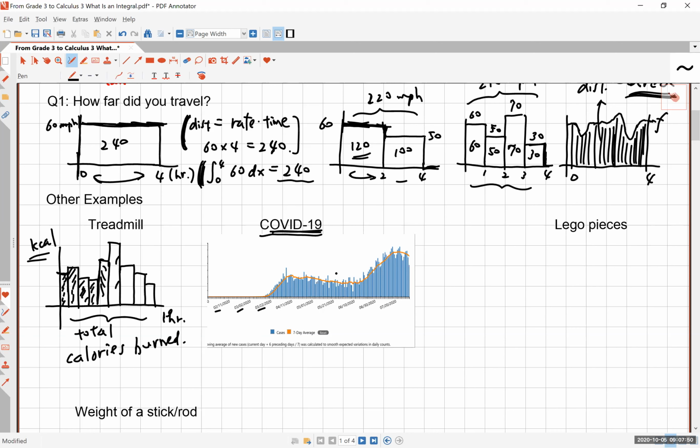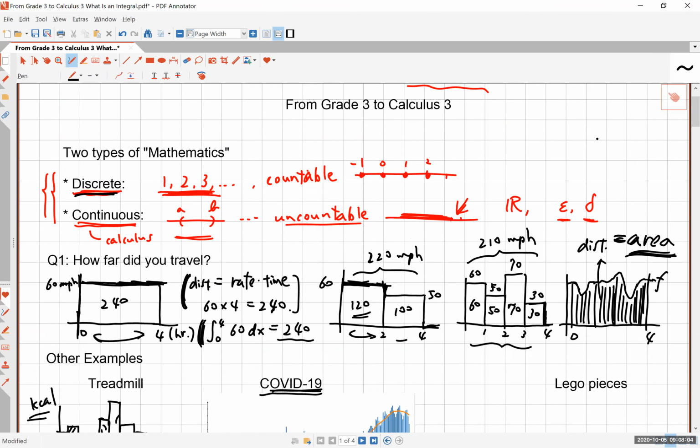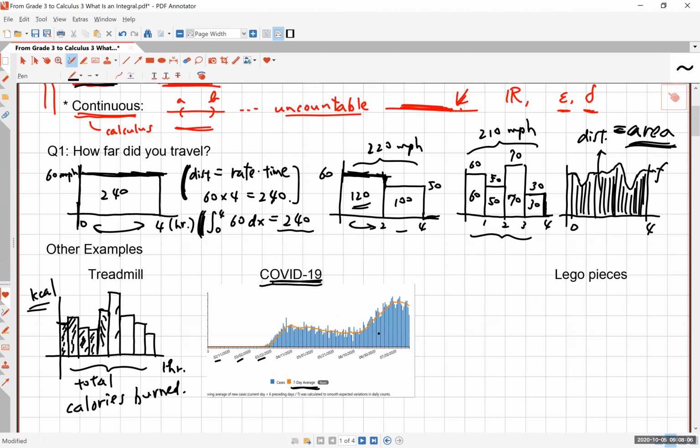Now, the orange graph is the continuous function, which sort of represents a 7-day average. Again, this is definitely not continuous because they are taking a 7-day average every single day, and every single day is discrete. But it is easy to connect the dots, especially with averages, because that's sort of linear. So you can see the continuous function, and you can see all these bars.